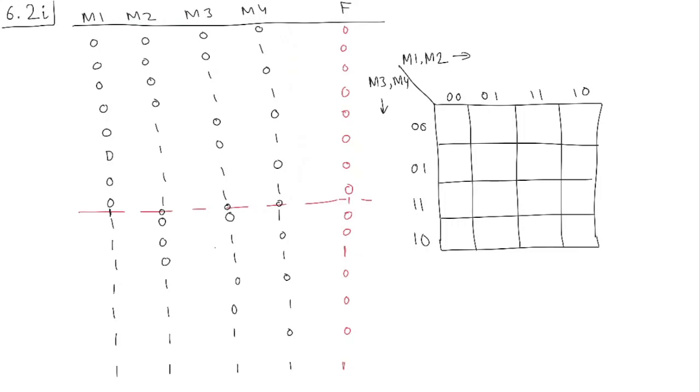So when M1 is 0, you have 0 0 0 0, and then you have again here M1 is 0, so all zeros, and then we have a 1 0 0 1, and we have 0 0 0 1.